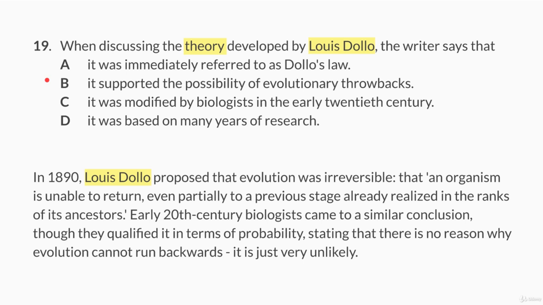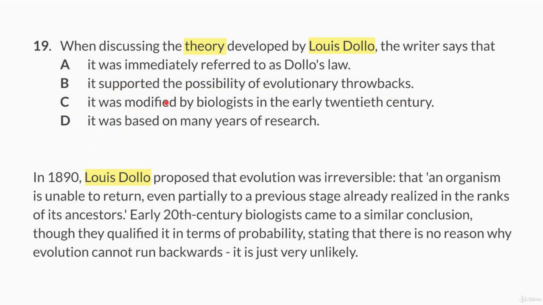So I'm going to keep reading. Let's continue. Early 20th century biologists came to a similar conclusion, though they qualified it in terms of probability, stating that there is no reason why evolution cannot run backwards. It's just very unlikely. Okay, so over here, C is the correct answer choice. It says that it was modified by biologists in the early 20th century.